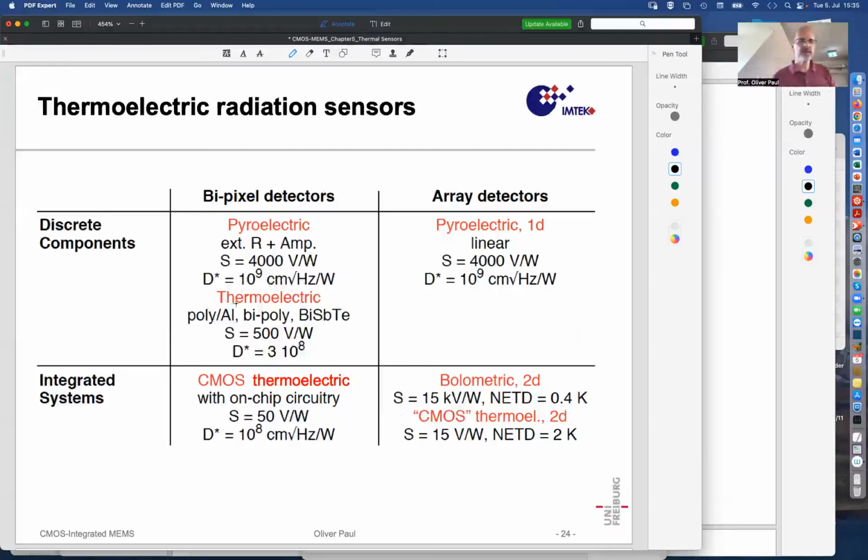Whereas, let's say, optimized thermoelectric devices produce something like 500 volts per watt with a slightly lower detectivity of 3 times 10 to the 8, again with the same units, of course. So thermoelectric detectors are not as powerful as optimized pyroelectric detectors, but they have this advantage of producing a stationary signal. So you have to face the trade-off, what is better for your application.